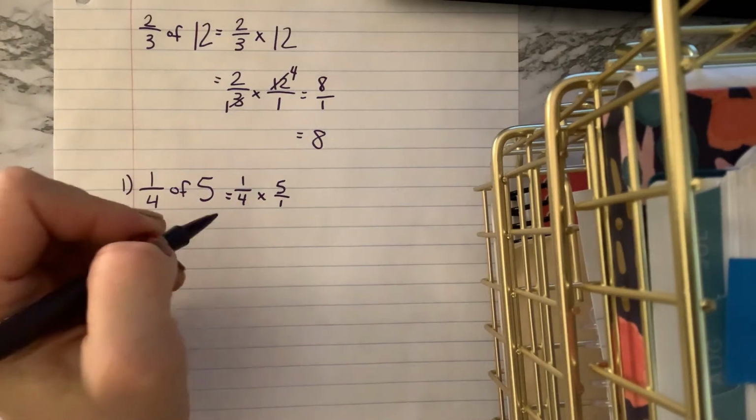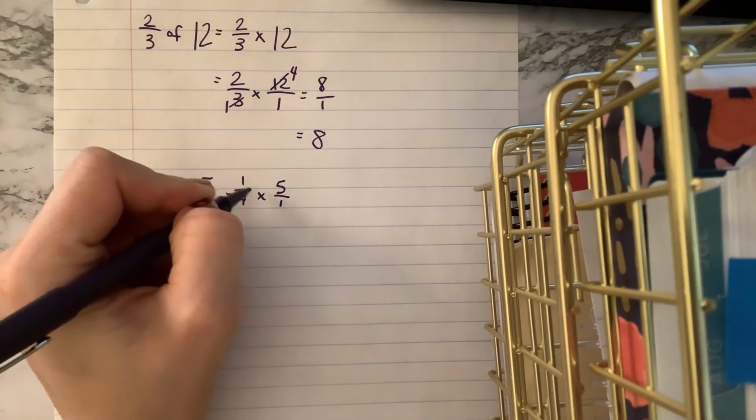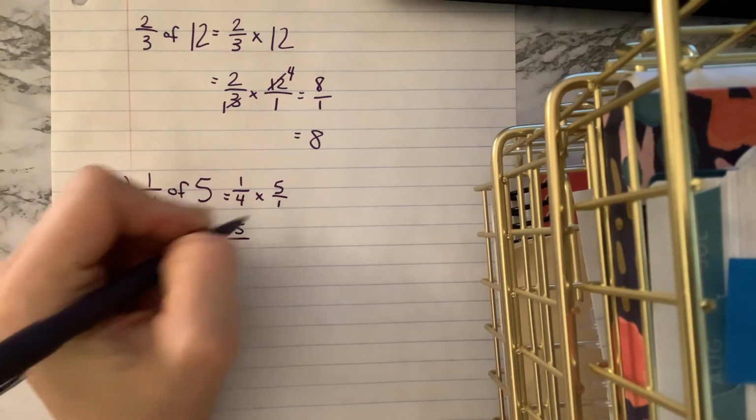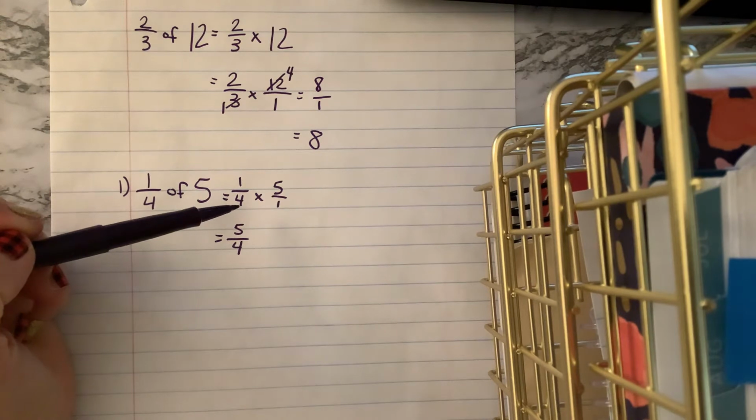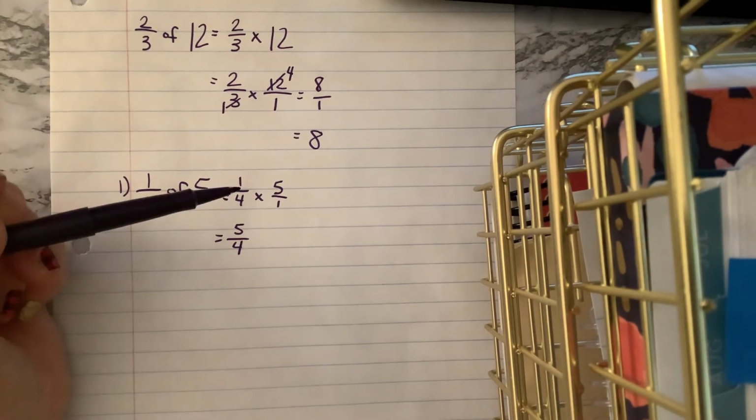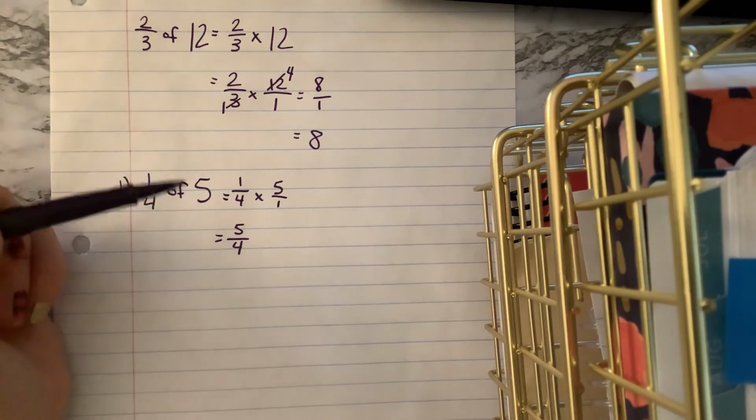Okay? Now we do numerator times numerator, 1 times 5. Denominator times denominator, 4 times 1. I did this without saying it out loud, fifth graders, but I looked at my diagonal pairs and I saw they don't have a factor other than 1, so we cannot simplify in advance, okay?